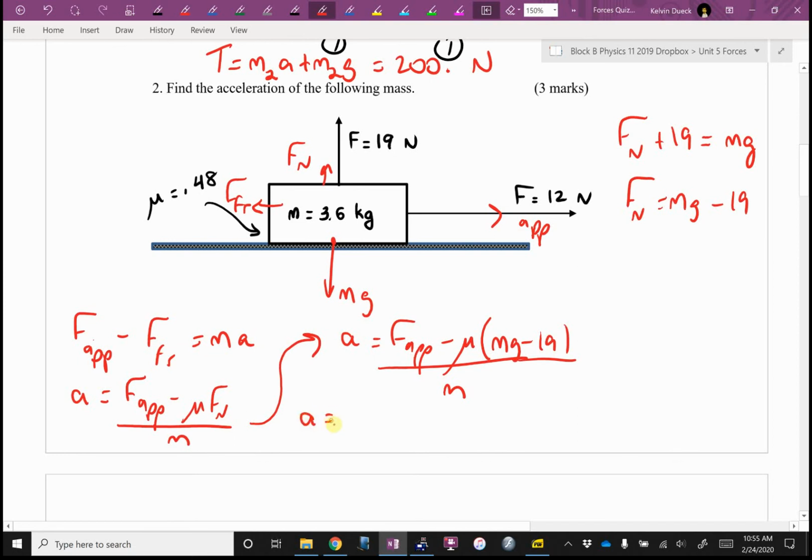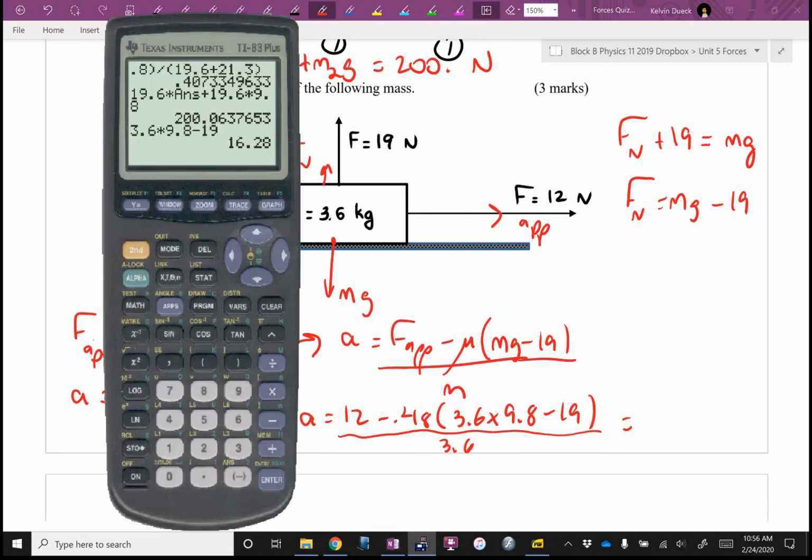I'm going to get 12 minus 0.48 bracket 3.6 times 9.8 minus 19 all over 3.6. I'll do this in one step, but you didn't have to. 12 minus 0.48 times bracket 3.6 times 9.8 minus 19, close off the top, close off the small bracket, divided by 3.6. You'll get an acceleration of 1.16.